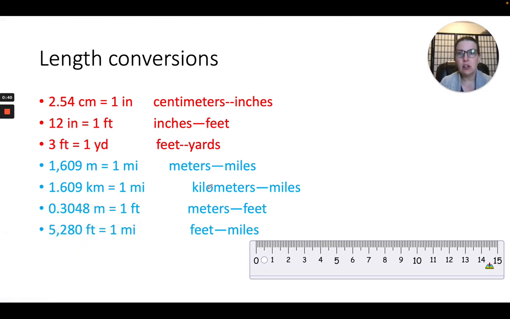And here, you can start writing these down, are the most common conversions for lengths. So for example, the measurement 2.54 centimeters is equal to 1 inch.